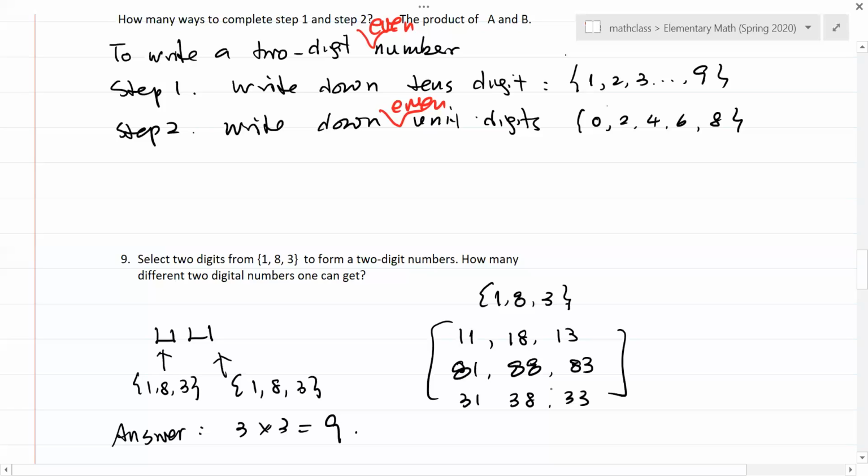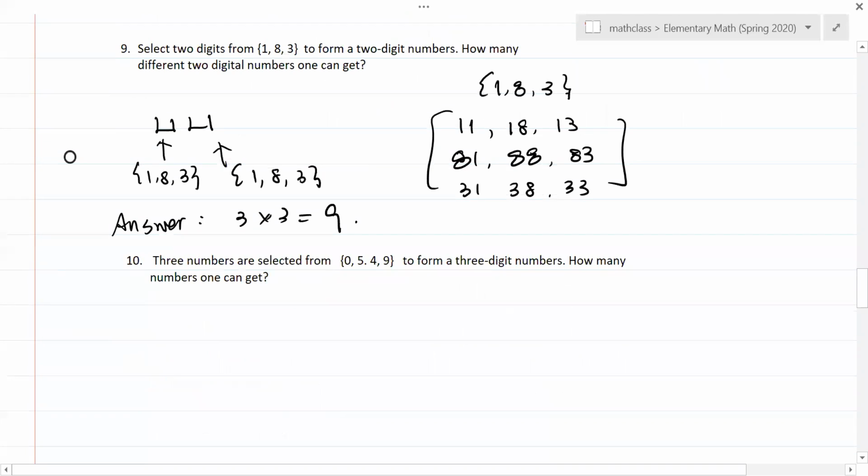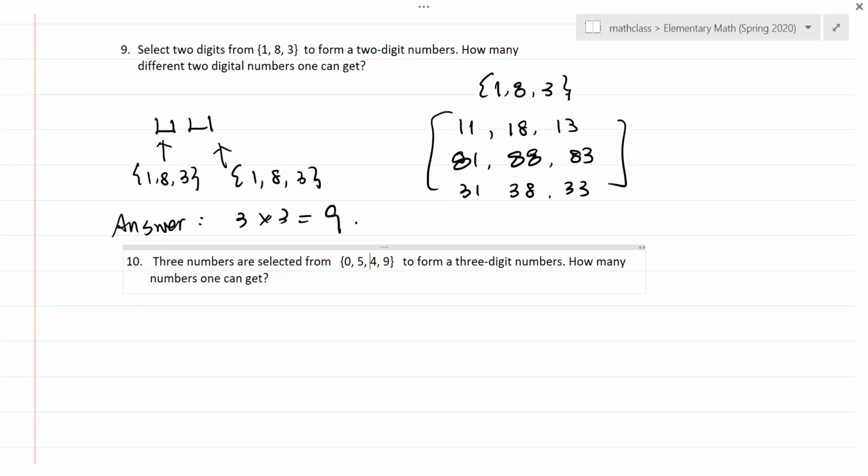It's not like 3 objects, so once you use it, you cannot use it again. Okay, how about this? 3 numbers are selected from 50549 to form 3-digit numbers.